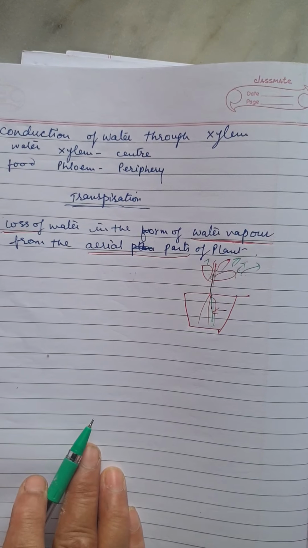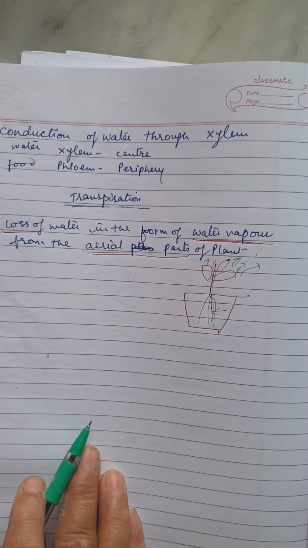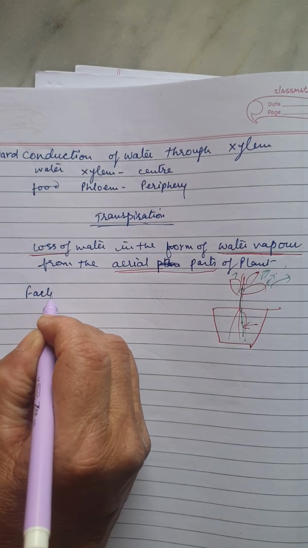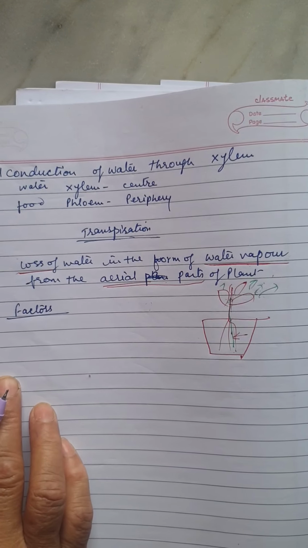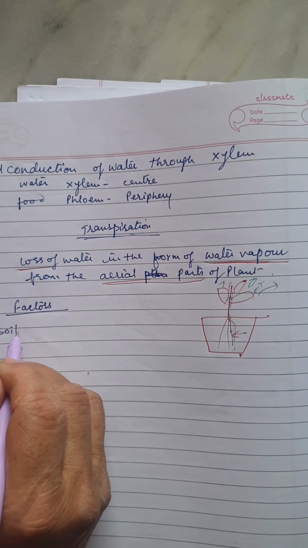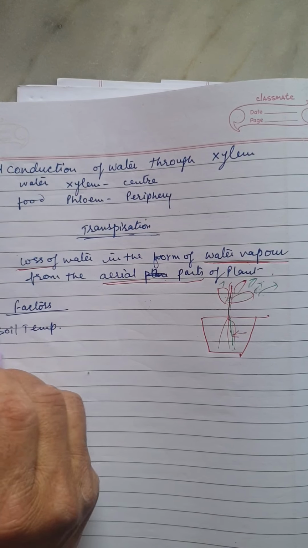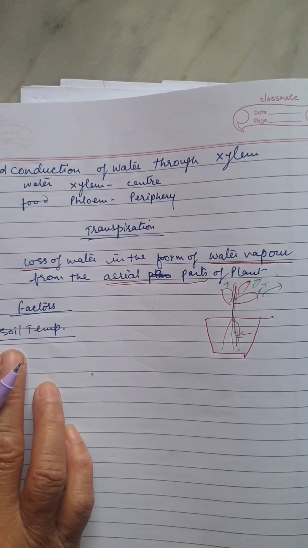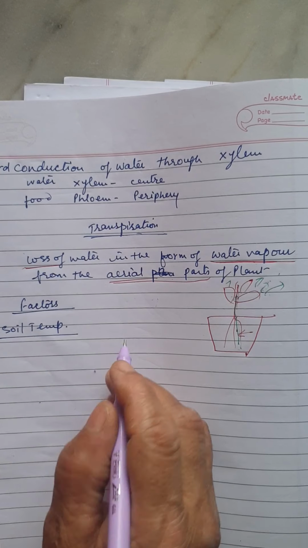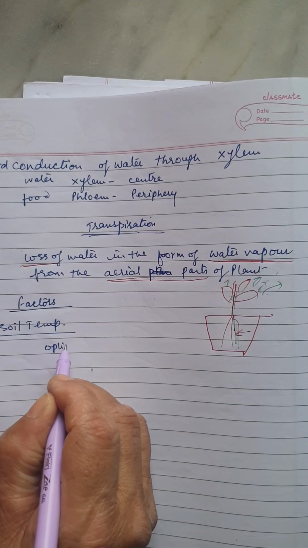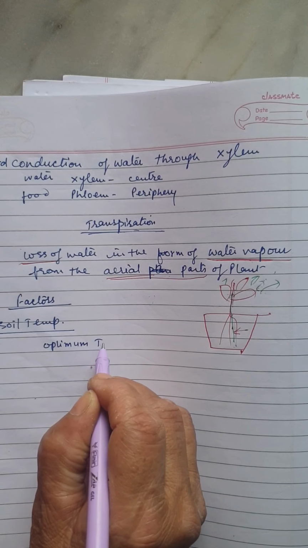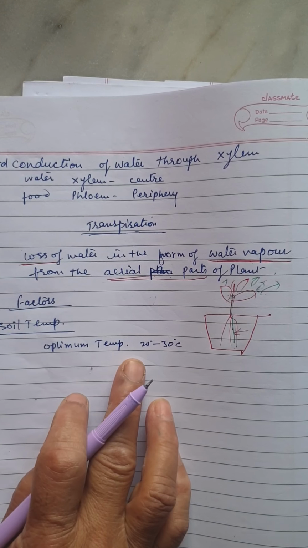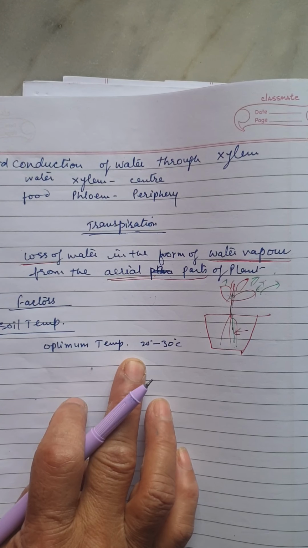So, the factors affecting transpiration, the factors responsible for transpiration. Number 1, soil temperature. As we know, the optimum temperature, the suitable temperature, 20 degrees Celsius to 30 degrees Celsius, is best for the growth of the plant.